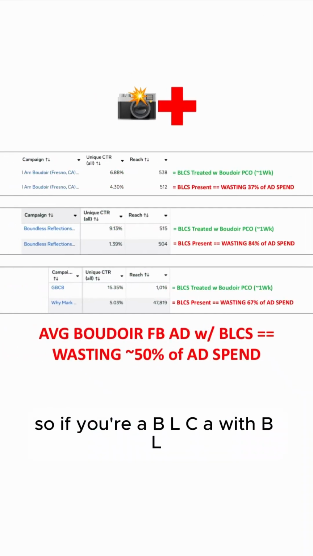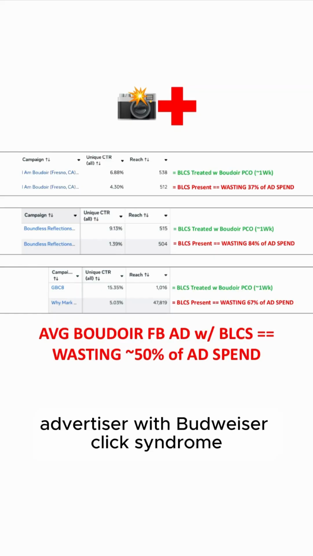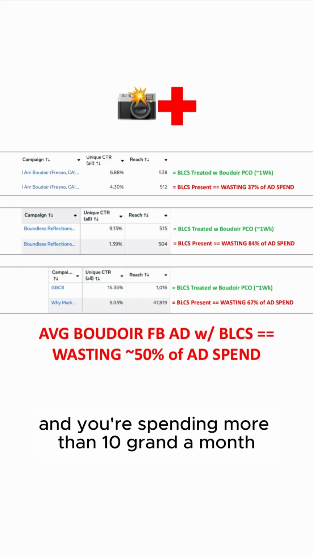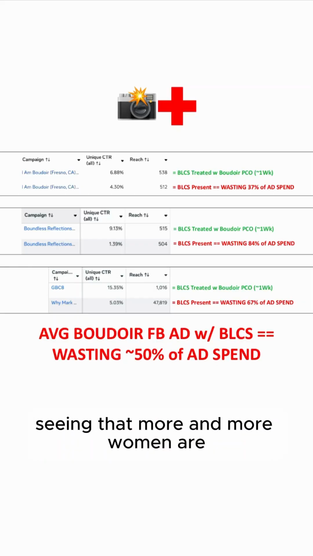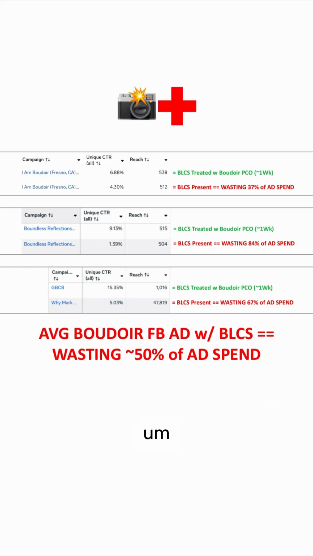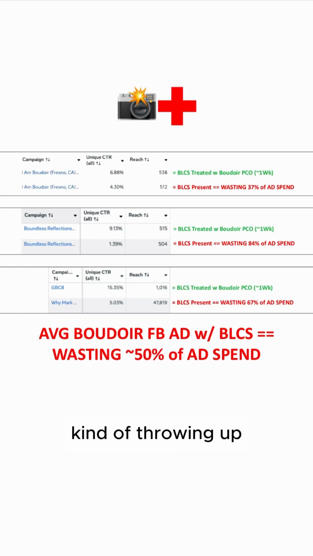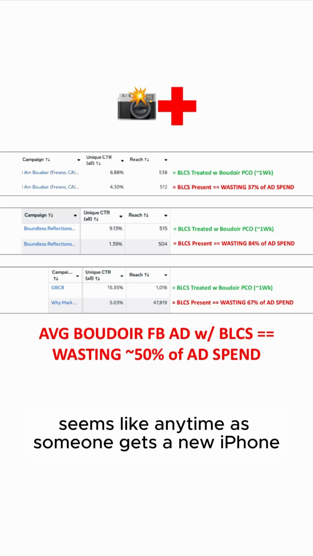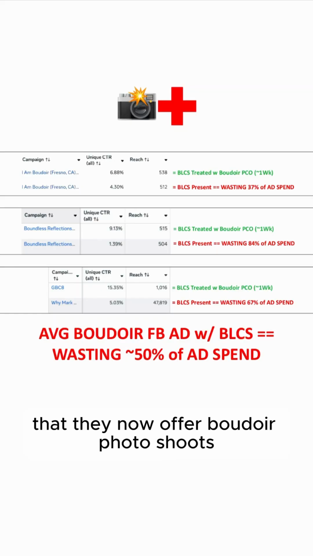So if you're a Boudoir low click advertiser with Boudoir low click syndrome and you're spending more than 10 grand a month on Boudoir Facebook ads, and you're looking at the marketplace seeing that more and more women are entering the marketplace as boudoir photographers every day, it seems like anytime someone gets a new iPhone, they're throwing up a Google My Business profile that they now offer boudoir photo shoots.